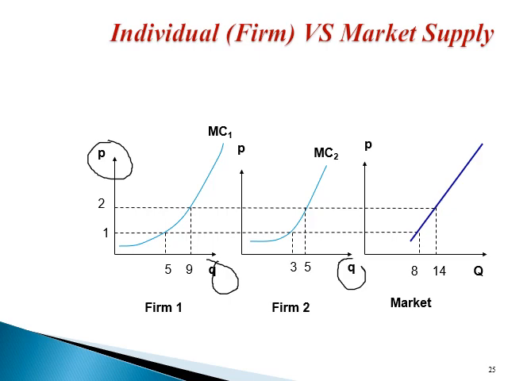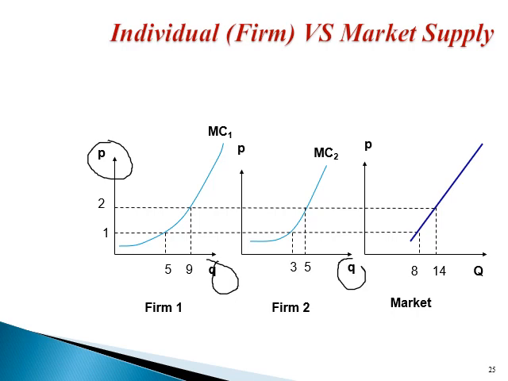Now, suppose that the industry is composed only of 2 firms. The capital Q here is the market supply. How much will be supplied? Remember, it is the same market price for firm 1, firm 2, and the market. When the price was 1, the amount produced will be 5 plus 3, which is 8 kilograms.